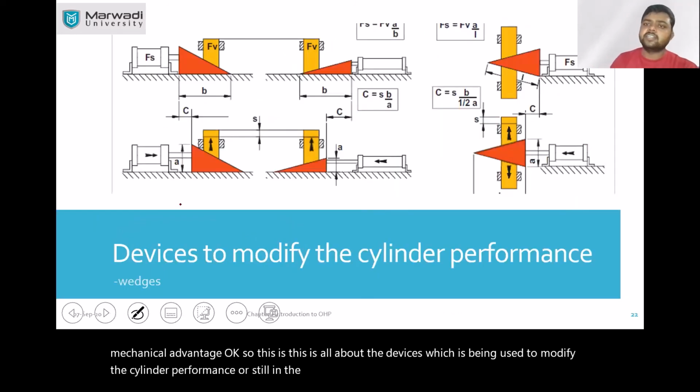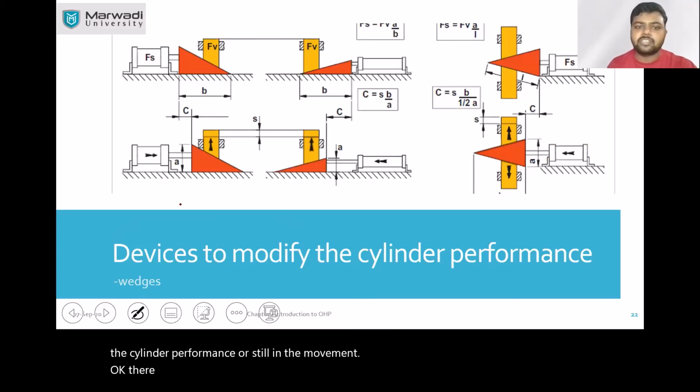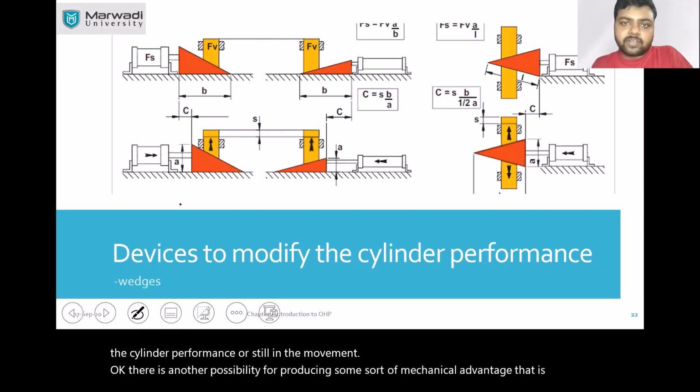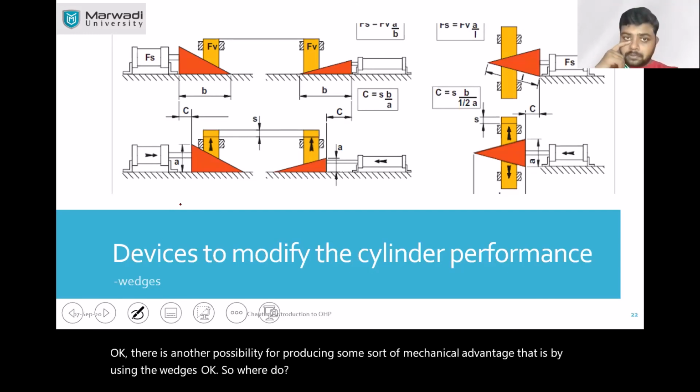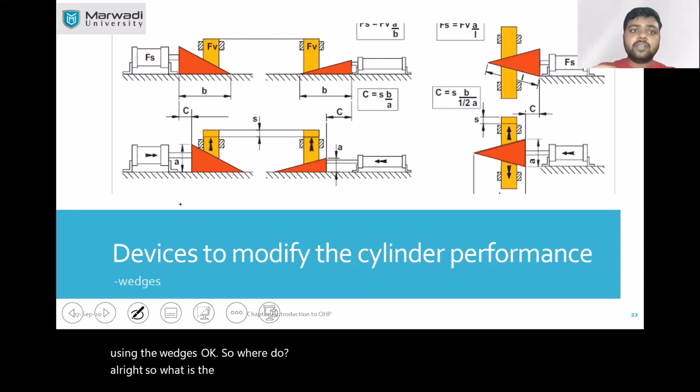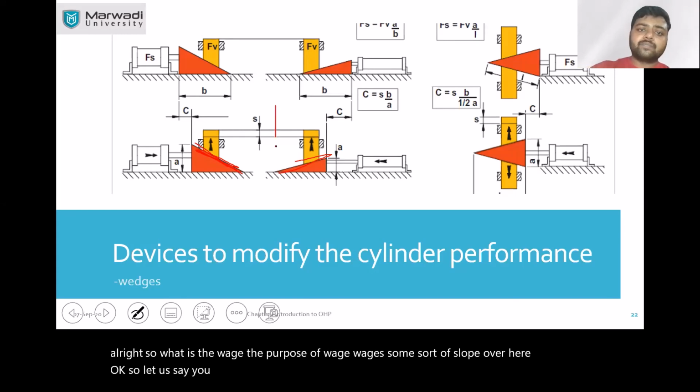There is another possibility for producing some sort of mechanical advantage, that is by using wedges. So what is the wedge? A wedge is some sort of slope over here. Let us say you want to produce a vertical motion of some object. In that situation, what is done over here?